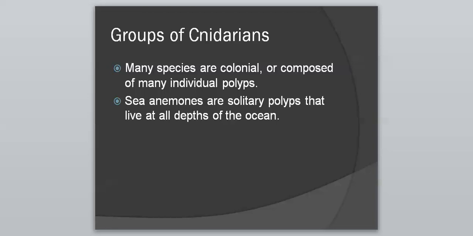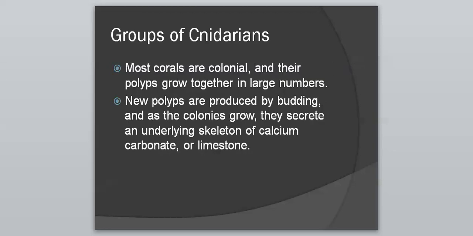Sea anemones are solitary polyps that live at all depths of the ocean, so you can find them all over the place. Most corals are colonial, and their polyps grow together in large numbers, forming coral reefs, which we will look at in class. New polyps are produced by budding, and as the colonies grow, they secrete an underlying skeleton of calcium carbonate, or limestone, basically making a foundation for themselves as they go.